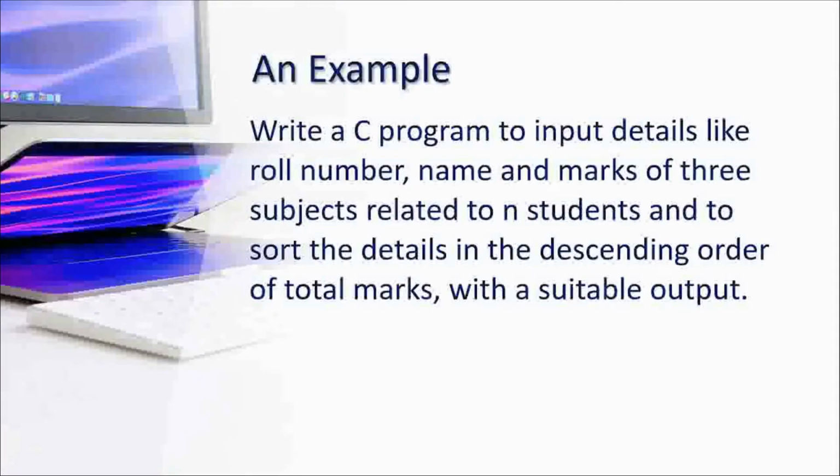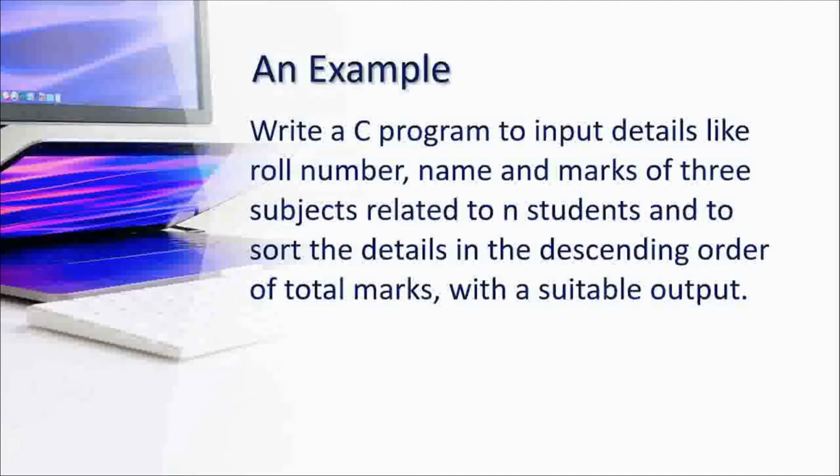So let's see an example in which we write a C program to input details like roll number, name, and marks of 3 subjects related to n students, and to sort the details in the descending order of total marks with a suitable output.